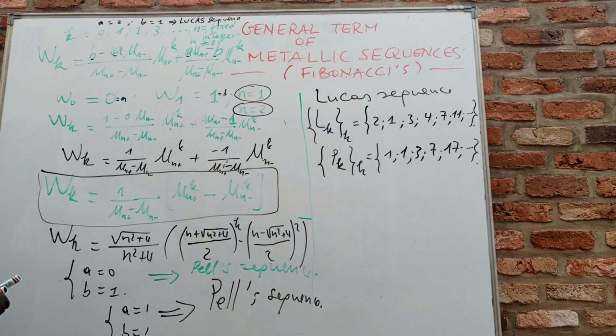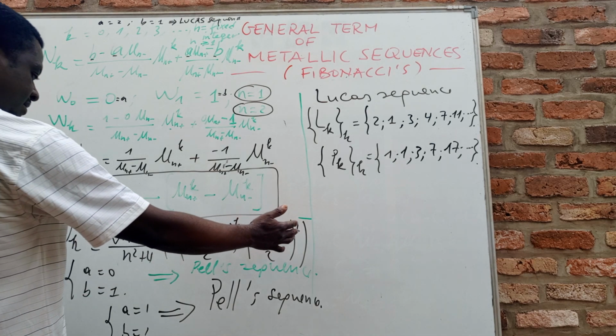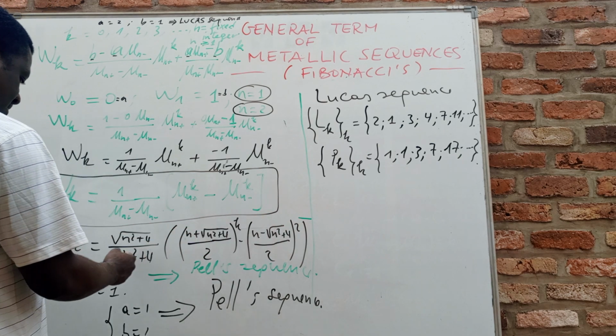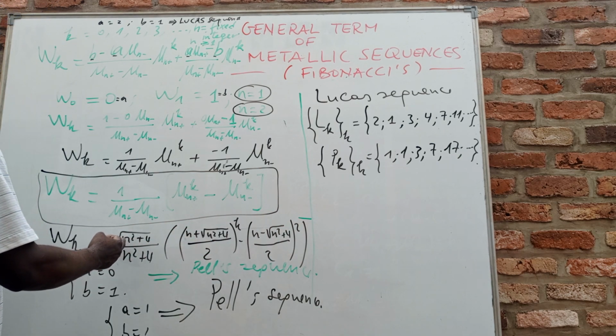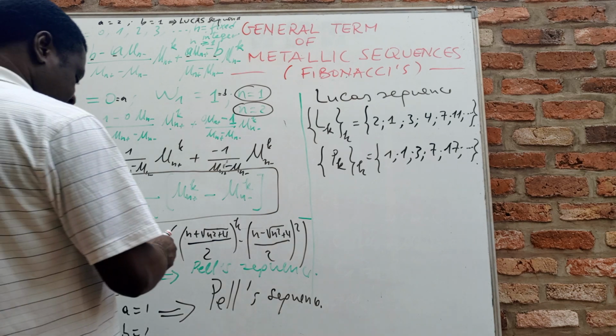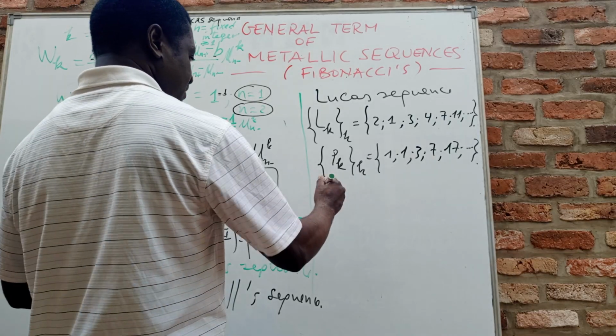So in that case, we can use this one with n. To find this one, we can use n equal to 2. So we are going to have a situation like this.